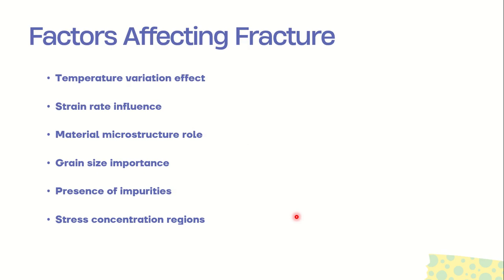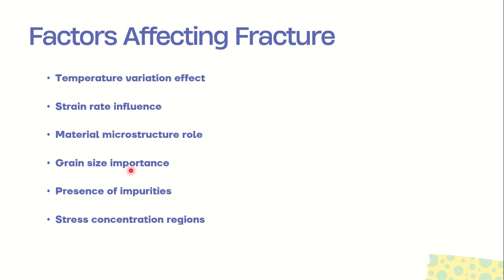Factors affecting fractures: the temperature variation effect, then strain rate influence, and the material microstructure role. In both materials, the microstructure determines how the fracture will occur. Then grain size importance is very important for brittle and ductile material.